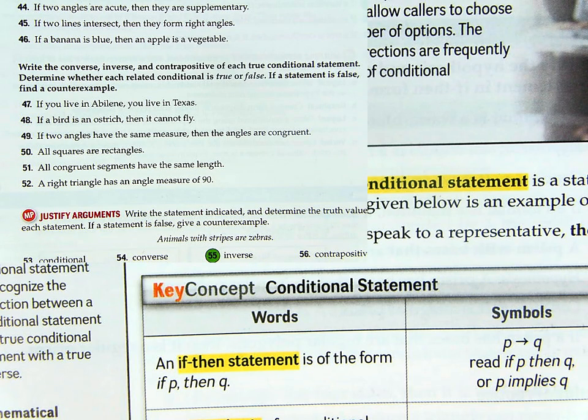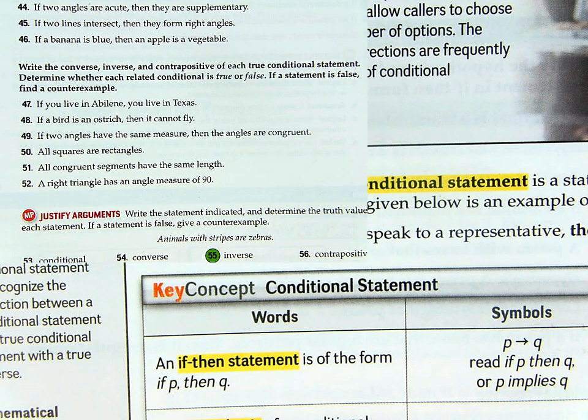I think it's the contrapositive: if it is a rectangle, then it is not a square. Would that be a contrapositive? Okay, you switch places and change the meaning.